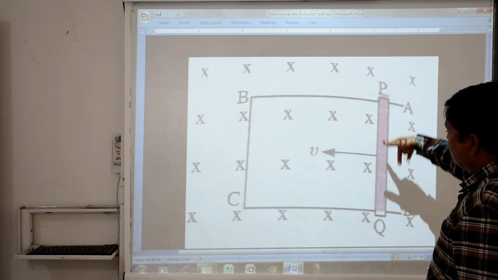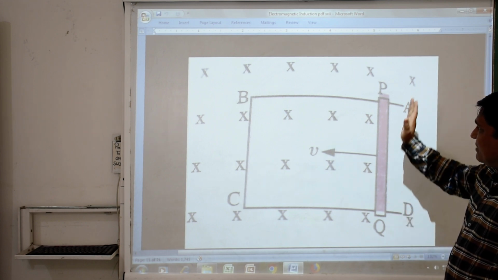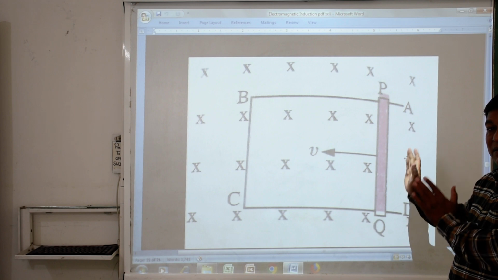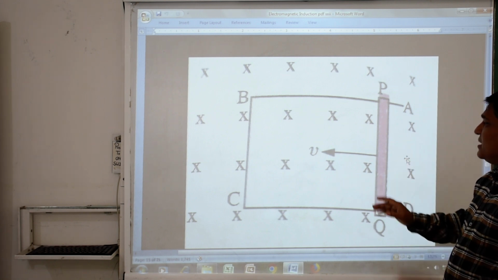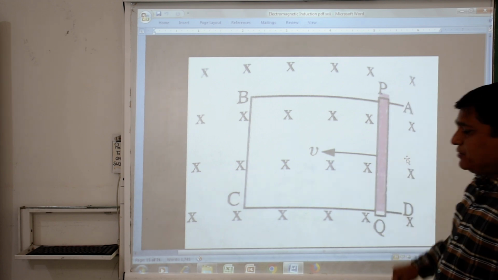The middle finger will show a downward direction. It means the motional EMF produced in this moving conductor has direction from P to Q.